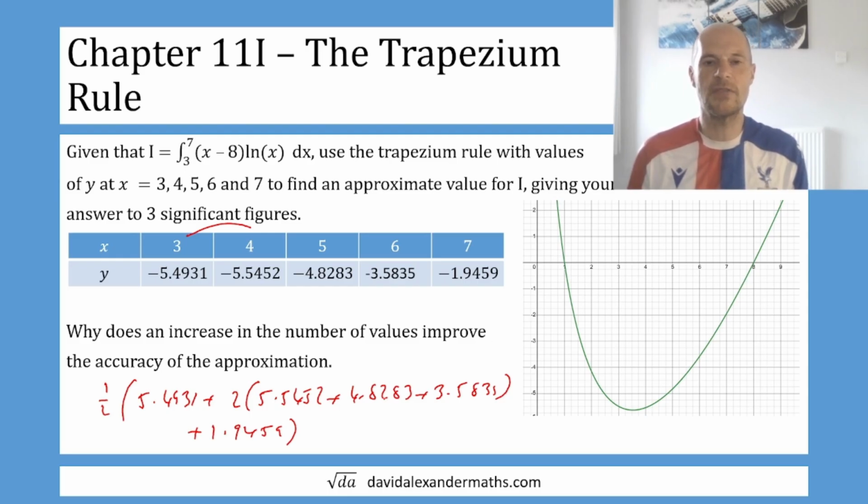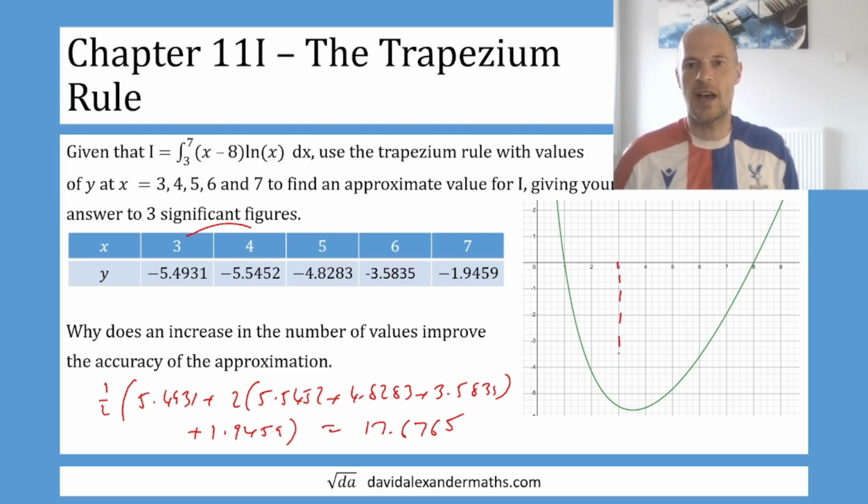And well, we know from the previous question when we just used 3, 5 and 7, we got 17 point something. Here we're getting 17.6765. Now the more strips you use, the more accurate it's going to be. In the previous question we just had 2 trapeziums, which meant that we've got quite a lot of gap here.